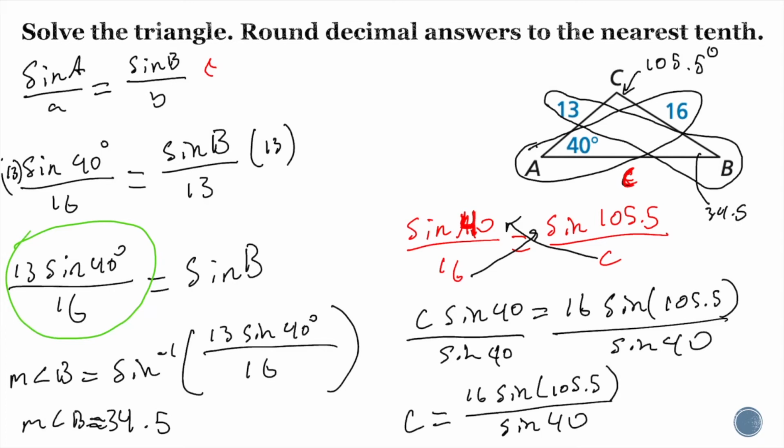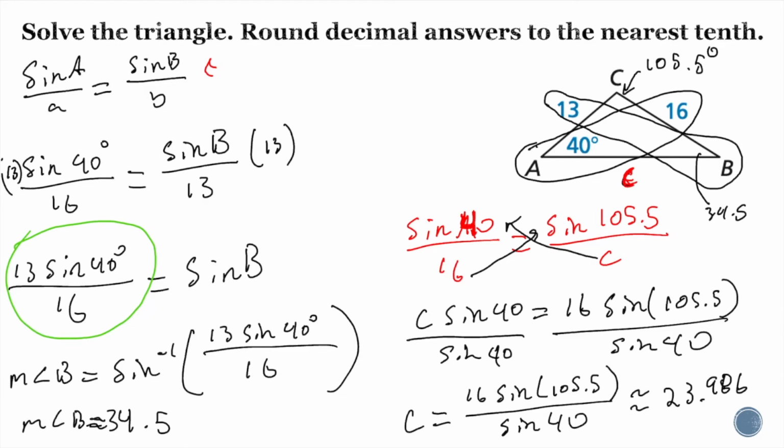Again, using your calculator, you will have 16 times sine of 105.5 divided by sine of 40. Make sure you're using enough parentheses so that you get it correct. And we get approximately 23.986.